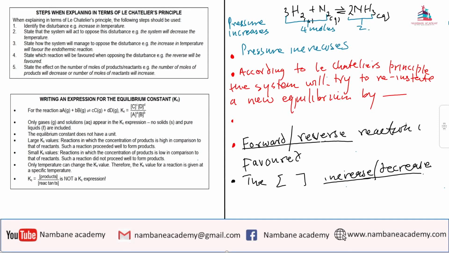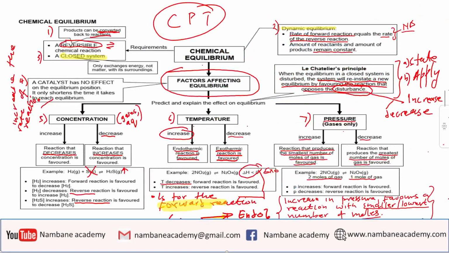According to Le Chatelier's principle, the system will try to reinstate a new equilibrium by doing what? By decreasing pressure. Yes, so it will always be the opposite of the disturbance. Let me quickly go to this here.